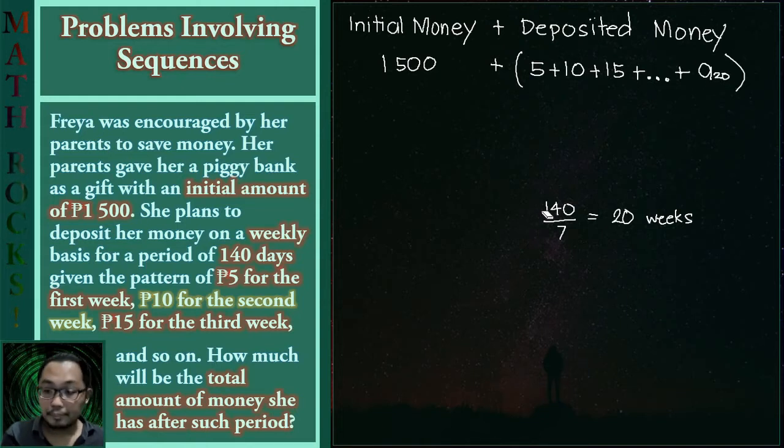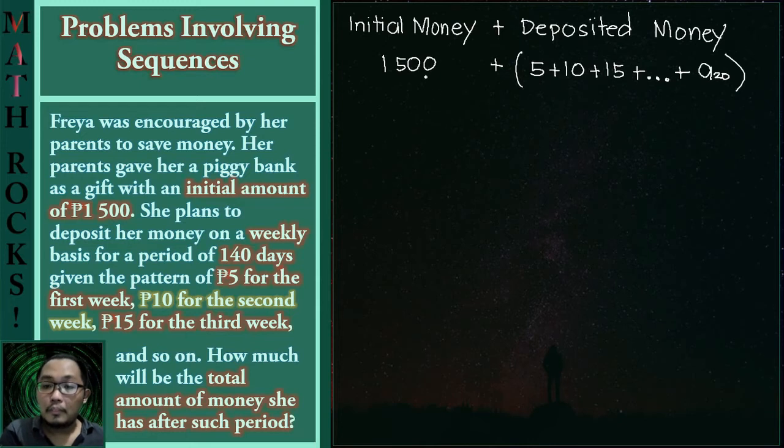Now we can solve the problem using the concept of the sum of the initial money that she has, which is 1,500, and the total amount of deposited money that comes with an arithmetic series.